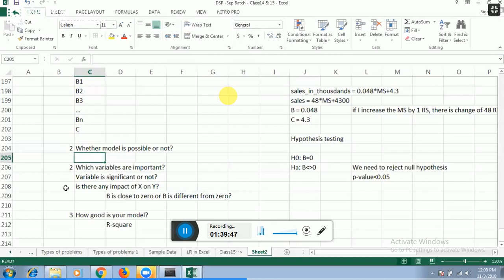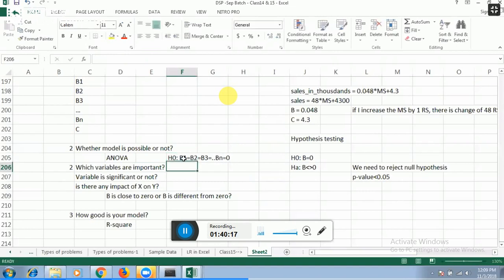So this is the place we use ANOVA to compare before and after. That is the same as what? If a model is not possible, what does that mean? Here also we'll perform a null hypothesis. What is the null hypothesis? Null hypothesis is beta 1 equal to beta 2 equal to beta 3 and so on, beta n equal to 0.